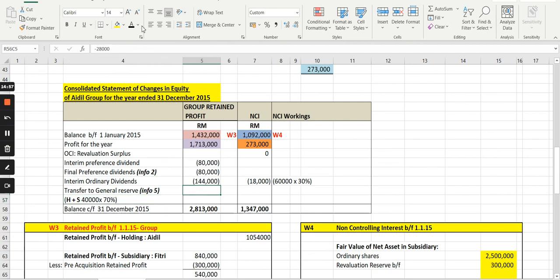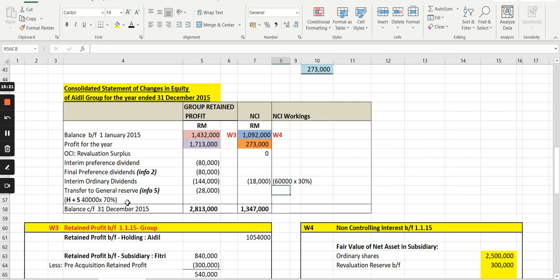So that will make it 28,000. It will get higher if the subsidiary and parent both made a transfer. And the portion in the non-controlling interest will not appear here, because that will appear in the subsidiary's individual financial statement or statement of changes in equity.